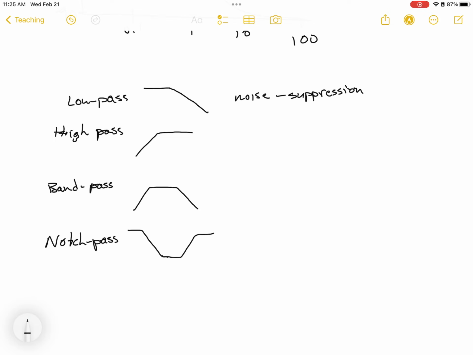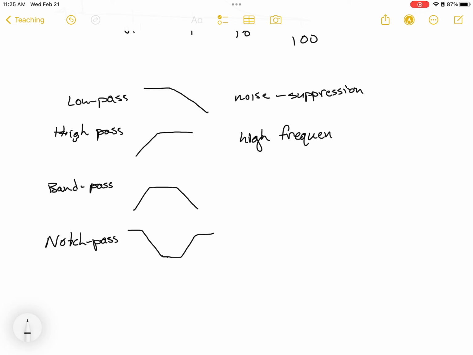But maybe you're interested in seeing a blinking light that's across the field or something. You would use a high pass filter to get rid of the changes that come about from the sun in that situation, if you're interested in high frequency signals.